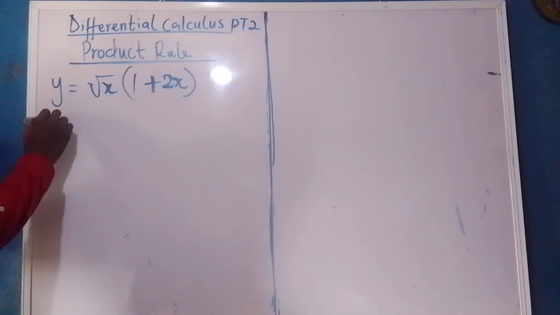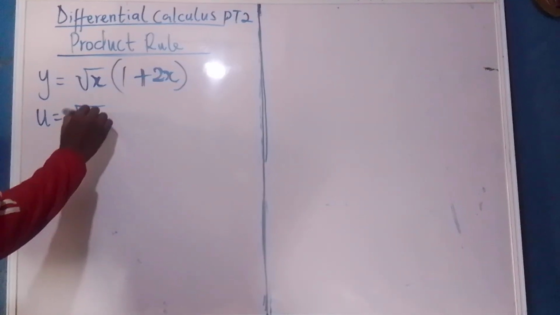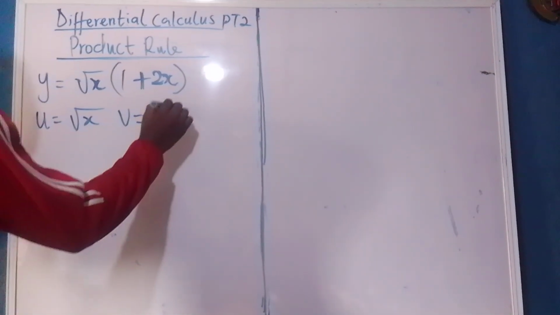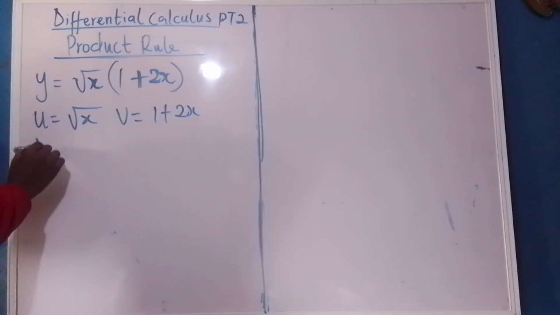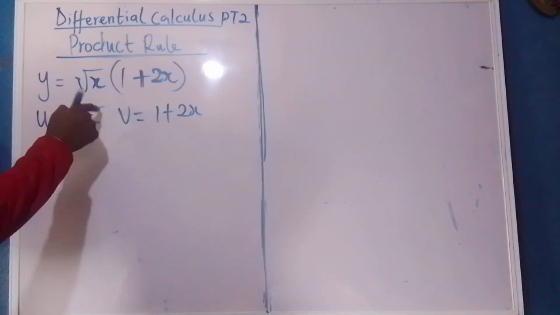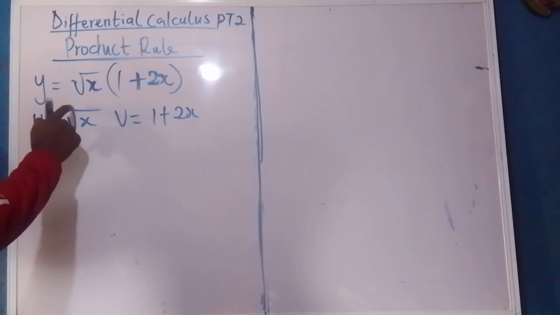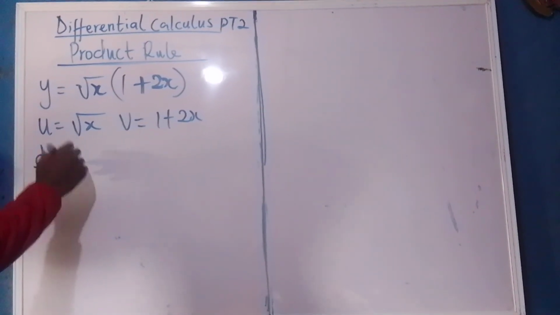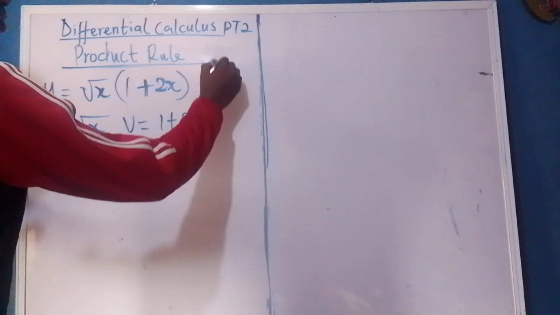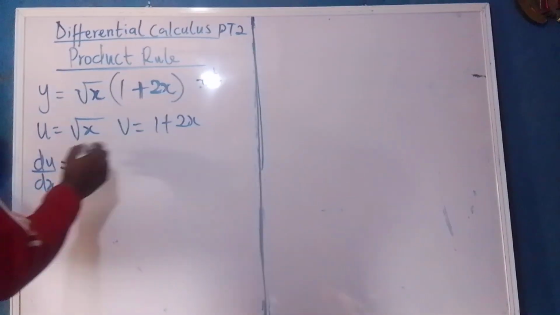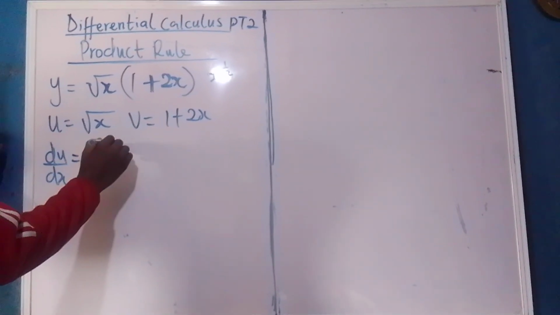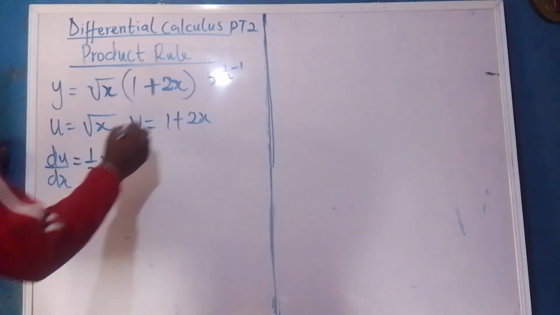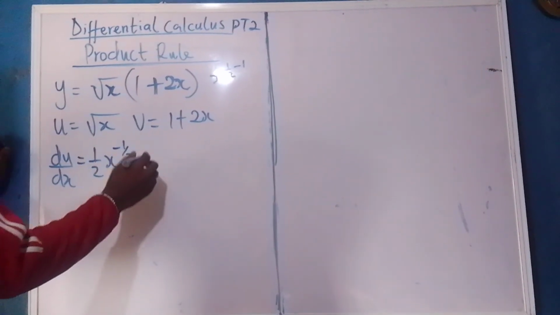So now this one, as usual, let u be equal to the square root of x and v be equal to 1 plus 2x. Yes, and so you do du over dx. So don't forget the square root of x can also be written as x to the power of 1 over 2. So if you want to do that, that will be 1 over 2 x raised to the power, subtract 1 from here, that will be minus 1 over 2.